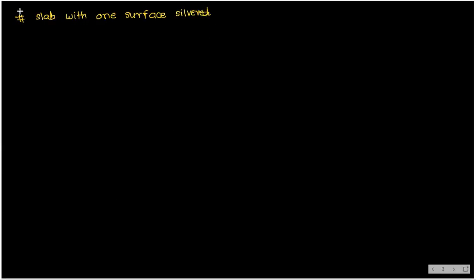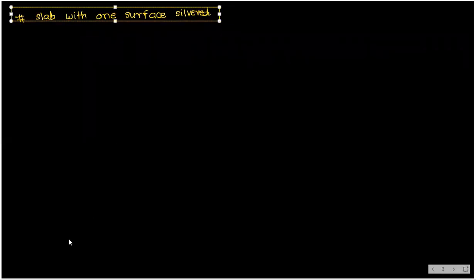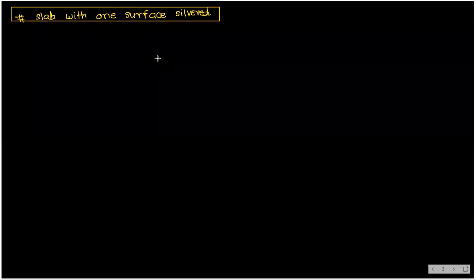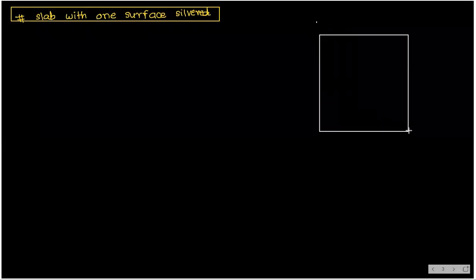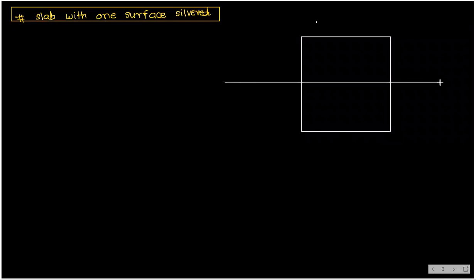So what we are doing in this, we are taking one glass slab. So you can see here how I am taking the glass slab. On this side I am drawing the diagram. This is a glass slab. And this is the line on which I am going to keep the object.